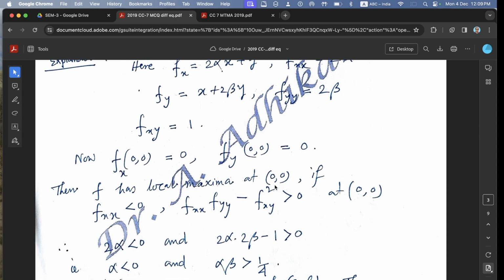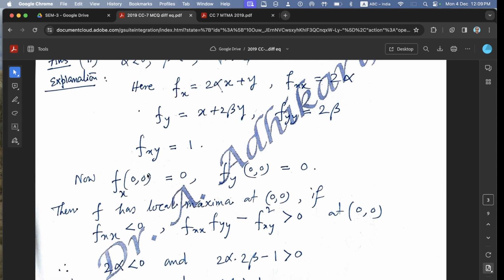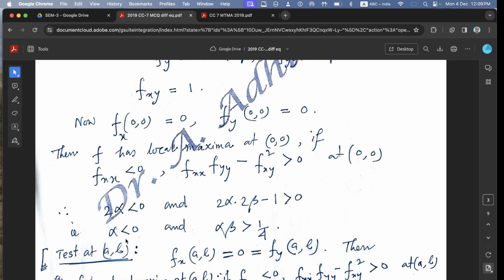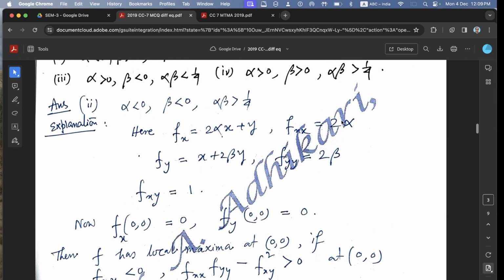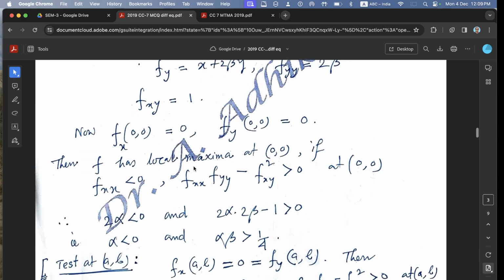Now for a local maximum at 0, 0, we need fxx less than 0 and fxx times fyy minus fxy square greater than 0. So fxx means 2 alpha, which is less than 0, so alpha is less than 0. And 2 alpha into 2 beta minus 1 greater than 0, because fxx is 2 alpha, fyy is 2 beta and fxy is 1, so alpha beta is greater than 1 by 4.